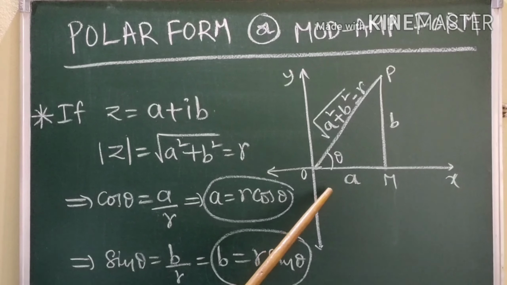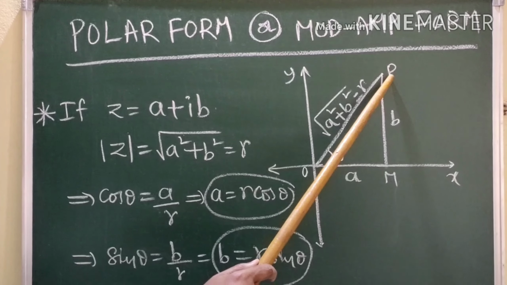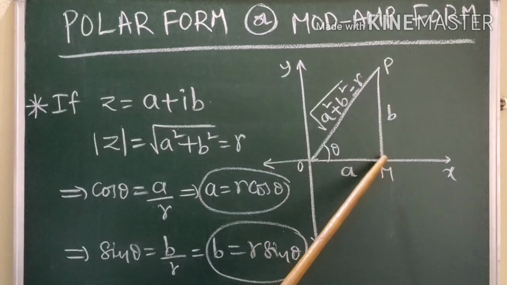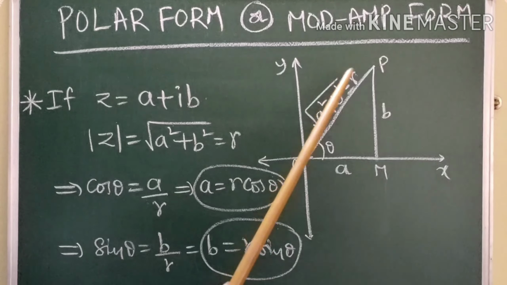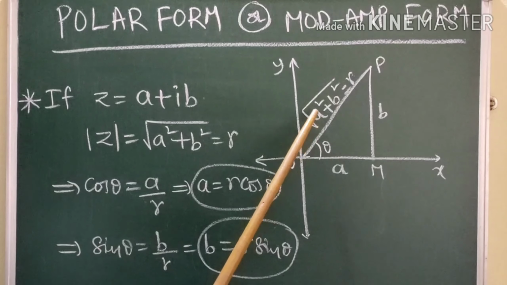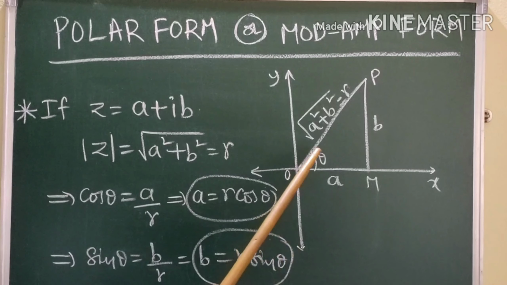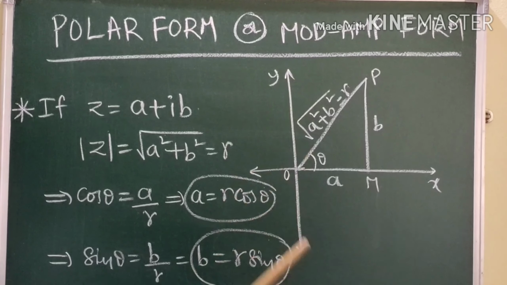Here in the graphical representation, P is the point represented by z, that means OM is equal to a, PM is equal to b, then OP is equal to root of a square plus b square, that is r, and theta is the angle of inclination with the x-axis.